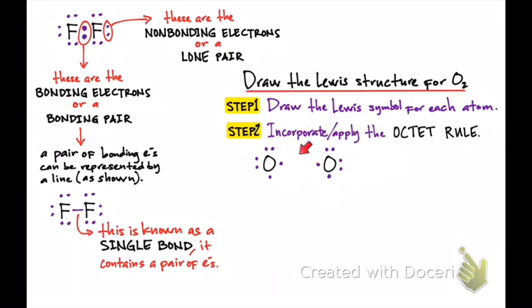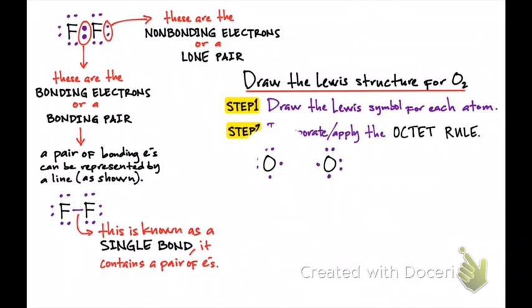And then for the second atom, we also have the Lewis dot symbol here. So you can analyze the two atoms, and you can see that they only contain 6 electrons. And so they each lack 2 electrons to satisfy the octet rule.